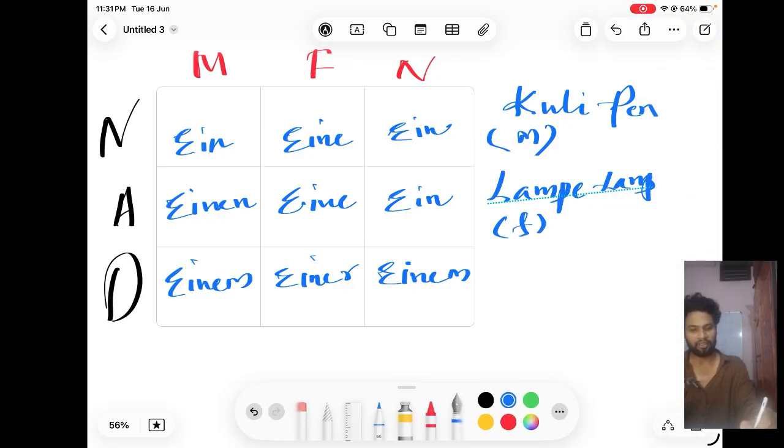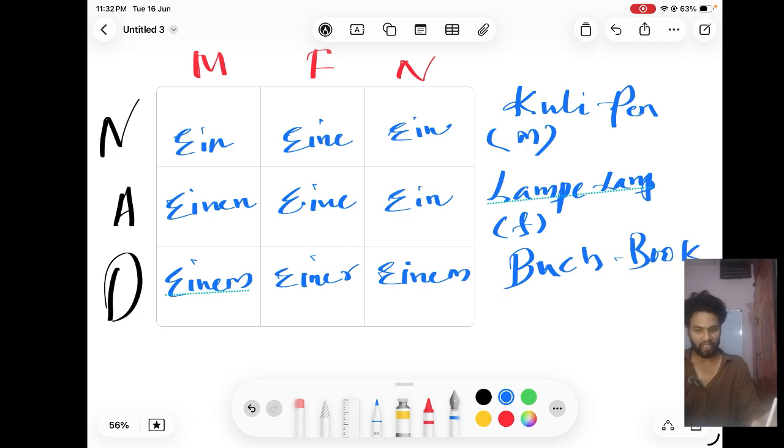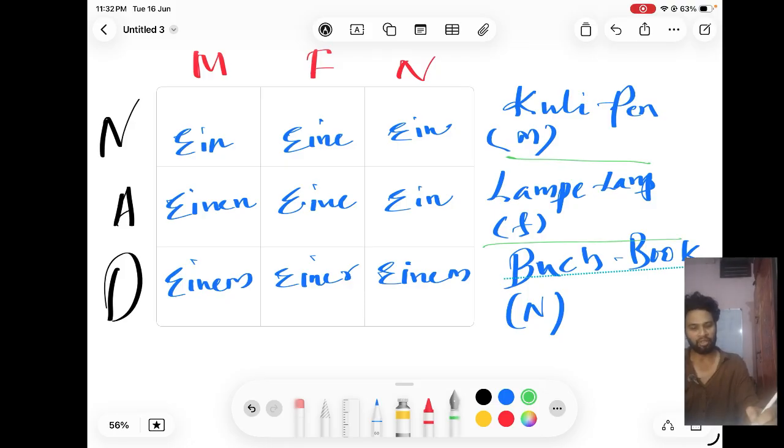It is a feminine one. And I will take book. B-U-C-H. Buch is book. It is a neuter one. Okay, so we have got a masculine noun, a feminine noun, and a neuter noun.